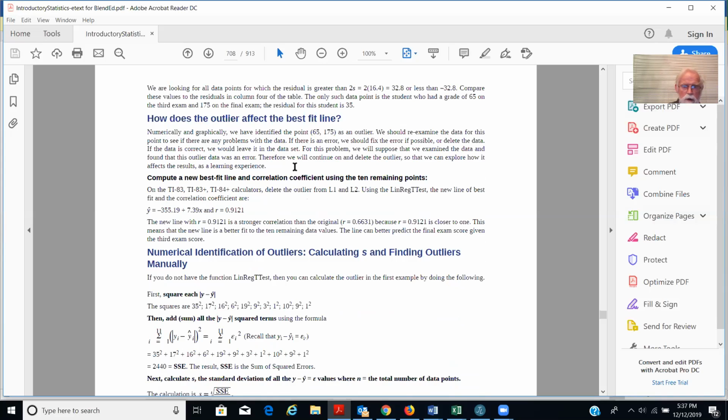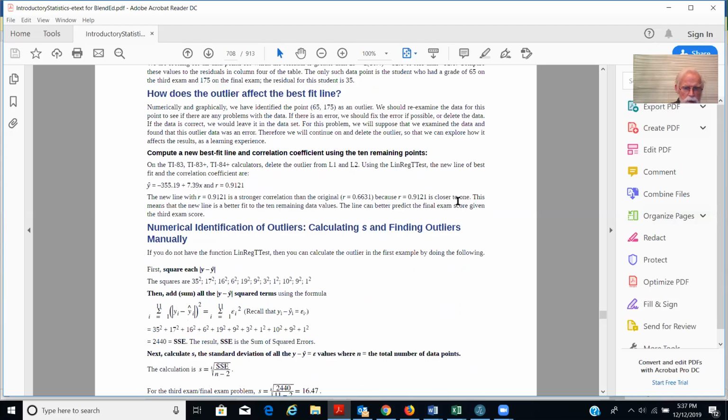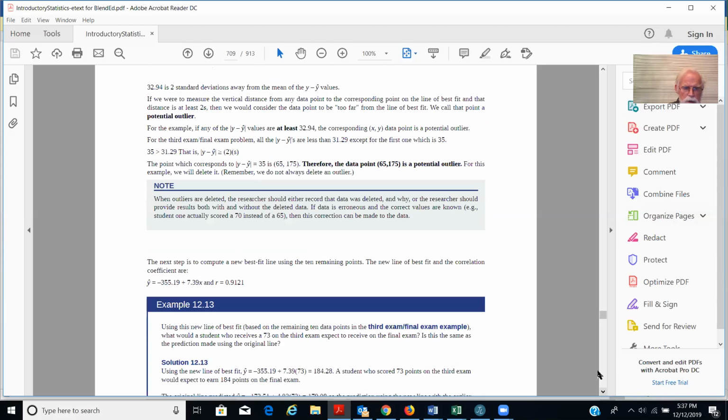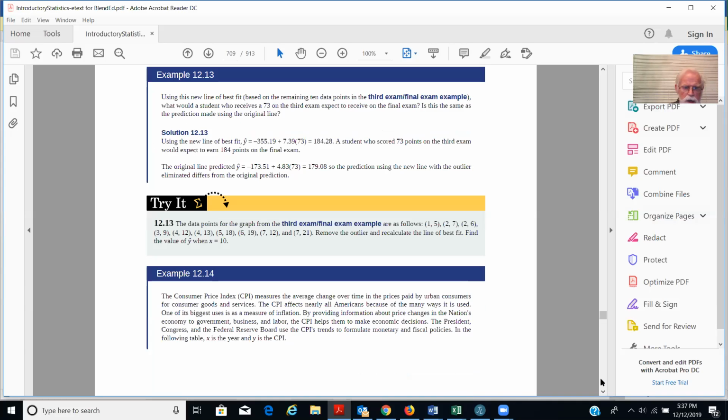If there is, we can fix it. But if there is no way to fix it because we can't redo an experiment, we can simply delete it. But we need to note that that piece of data was deleted from the calculation. So I think that's all we're going to worry about in this chapter.